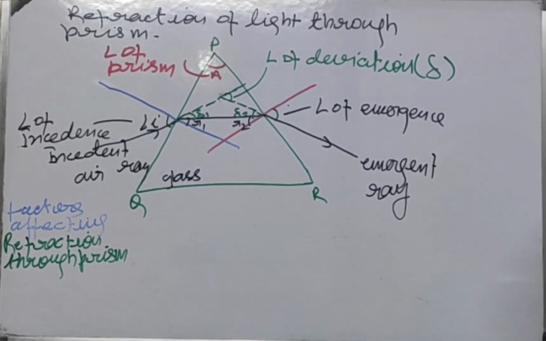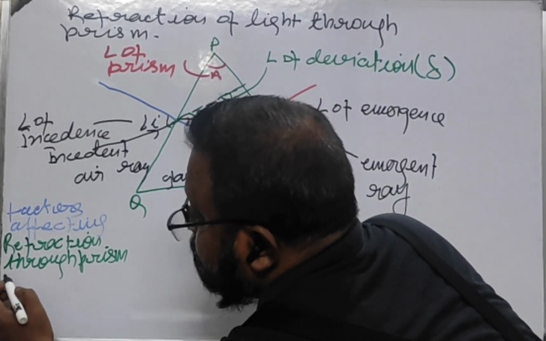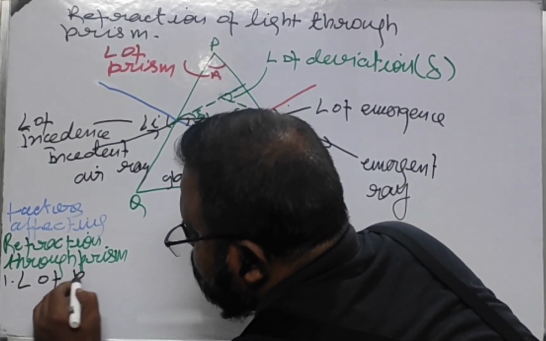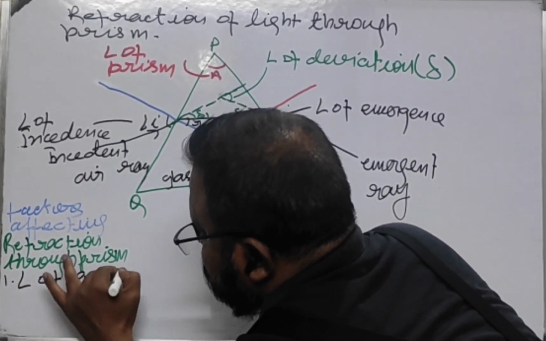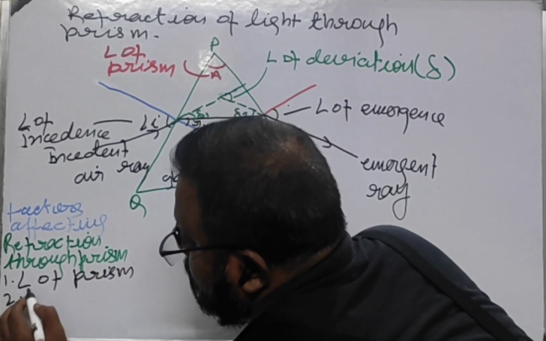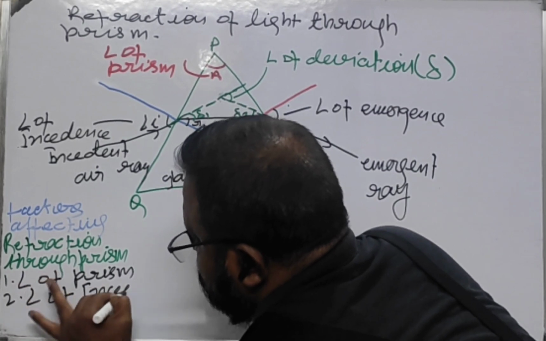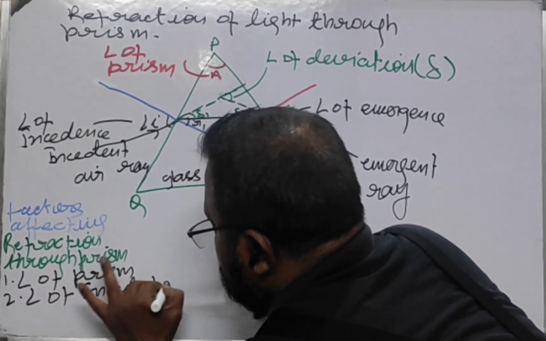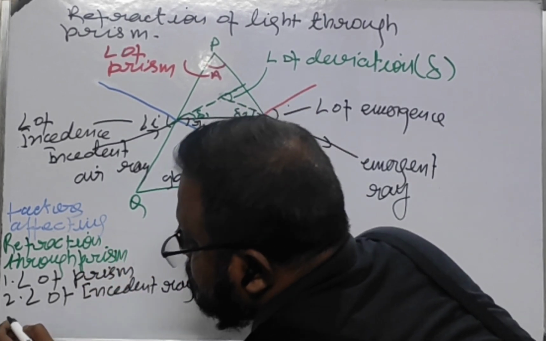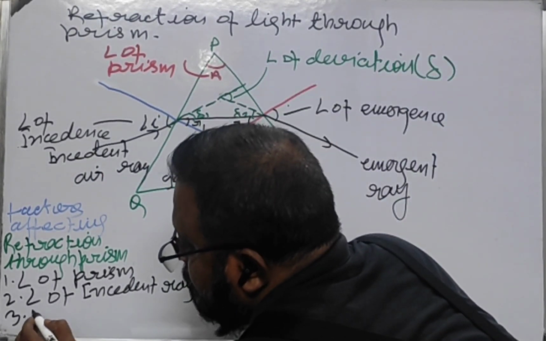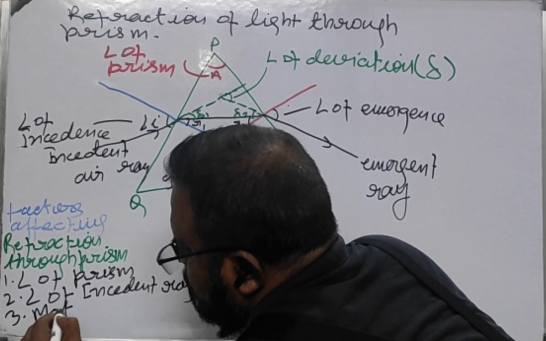So the factors affecting refraction through a prism are: first, angle of prism. Second, angle of incident ray, or angle of incidence. Third, material of the medium.